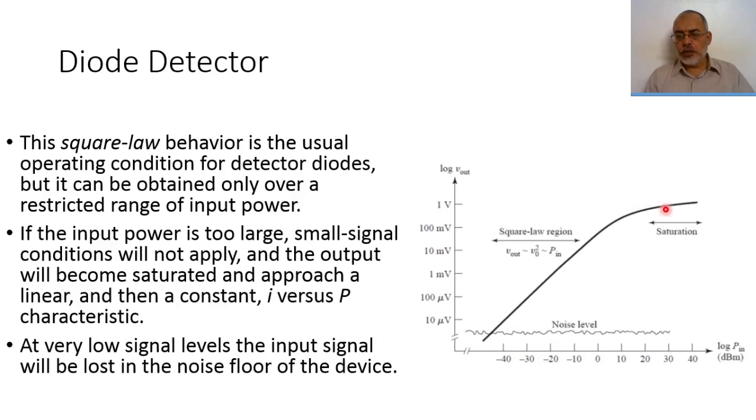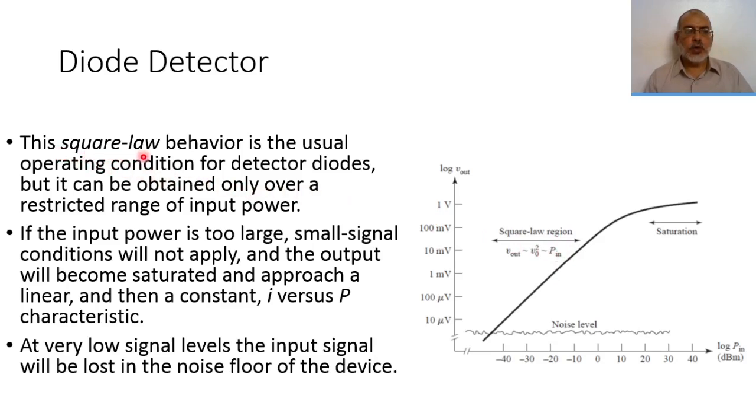As the input power is increased, this law will no longer hold and we reach saturation. In that case, the output voltage is proportional to the input voltage, or the square root of the input power. So we are using the Schottky diode as a rectifier or detector in the square law region, where the output voltage of the diode is proportional to the input power of the small signal.